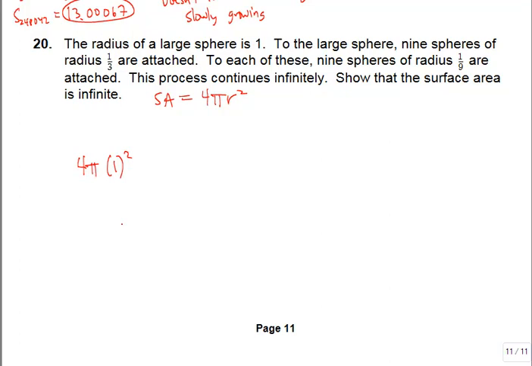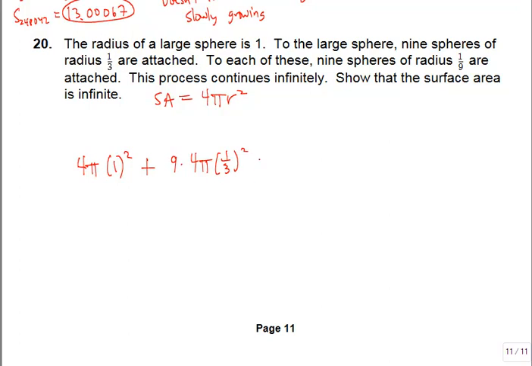And then what are we doing to that sphere? We're adding to it 9 spheres that each have a radius of 1/3. So each of those smaller spheres is going to have a surface area of 4 pi times 1/3 squared. And then what am I doing to those?